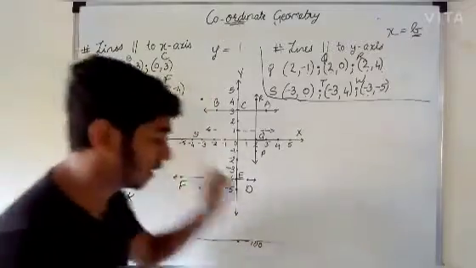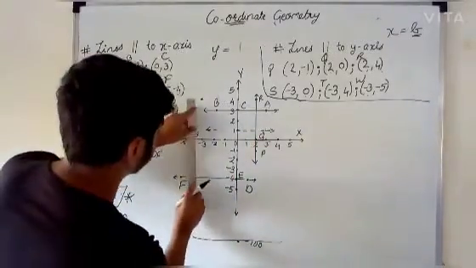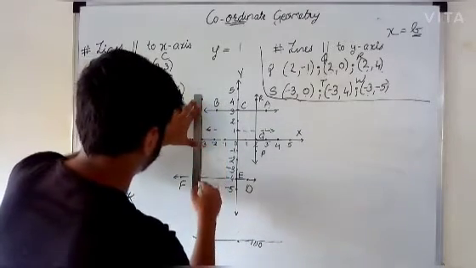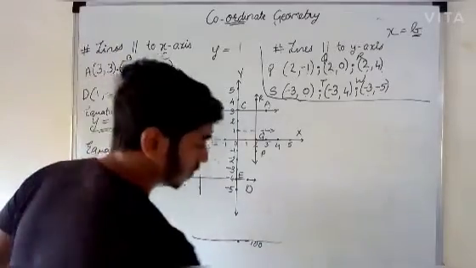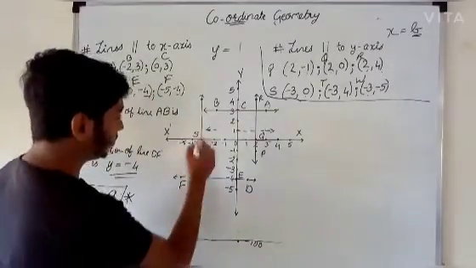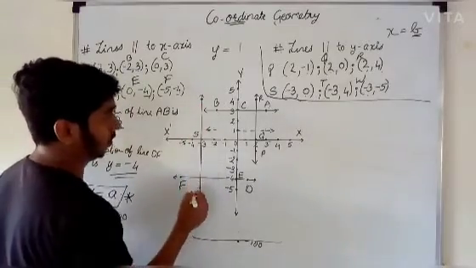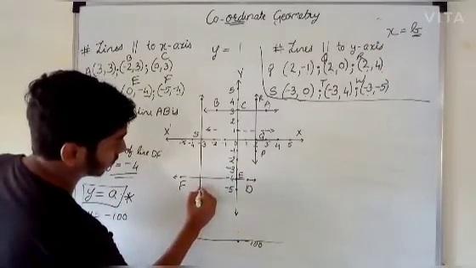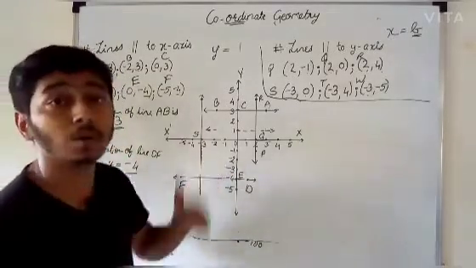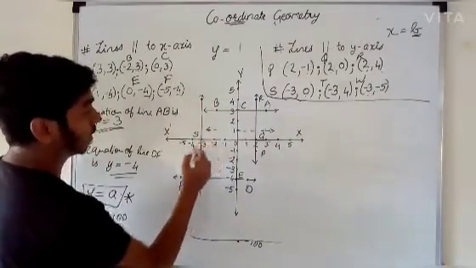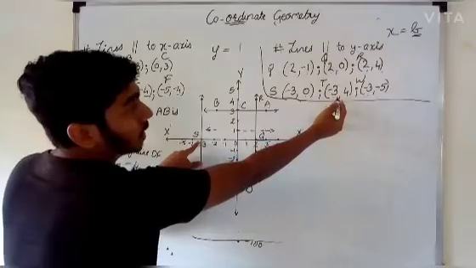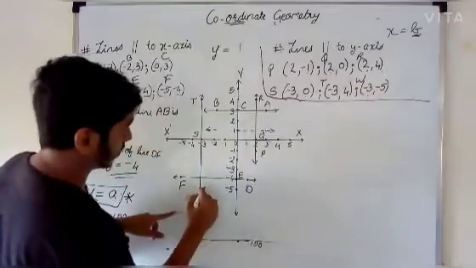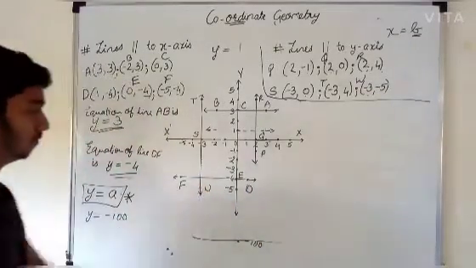Okay, so let's plot this line now. Let's see what we get. So with the help of this, we name this S, the T point -3, 4 will be this is T, and W will be this point.